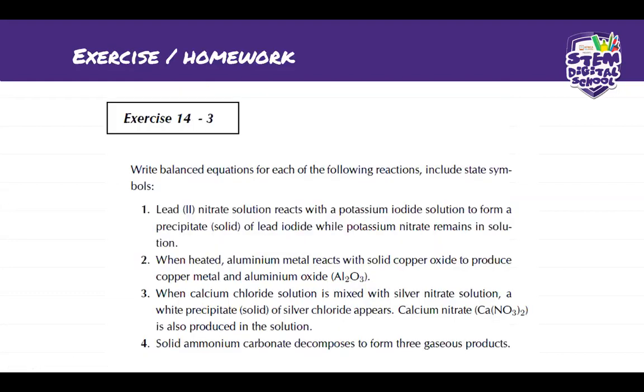So this is your homework, guys, that I'd like you to do. I'd like you to write balanced equations for each of the following reactions. Include state symbols. Okay. It means that we're still going to continue practicing our balancing of chemical equations, but we're going to have some new work.